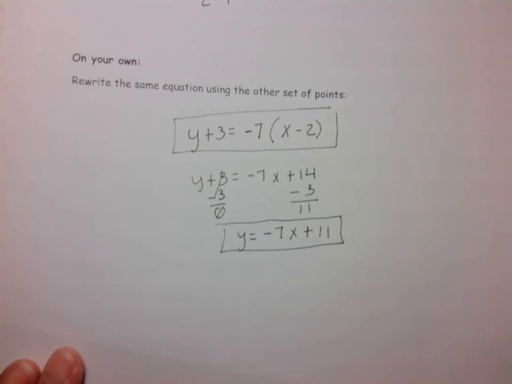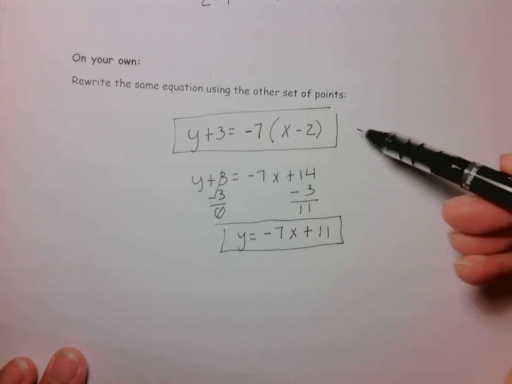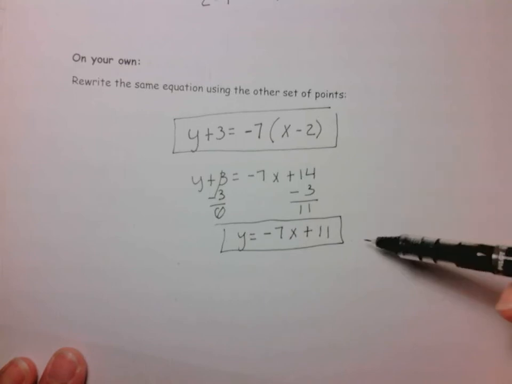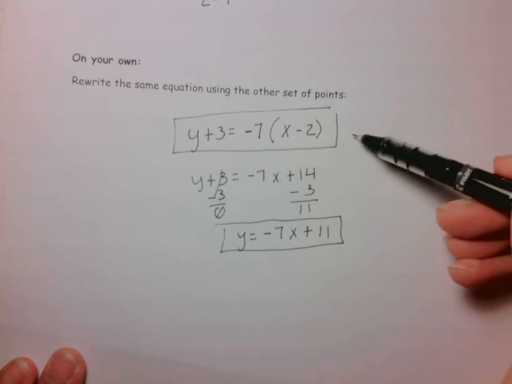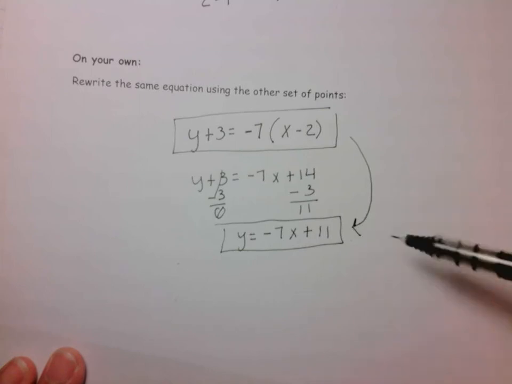And this is the same equation of the line in point slope form and slope intercept. But do you see how easily I went from point slope form to slope intercept?